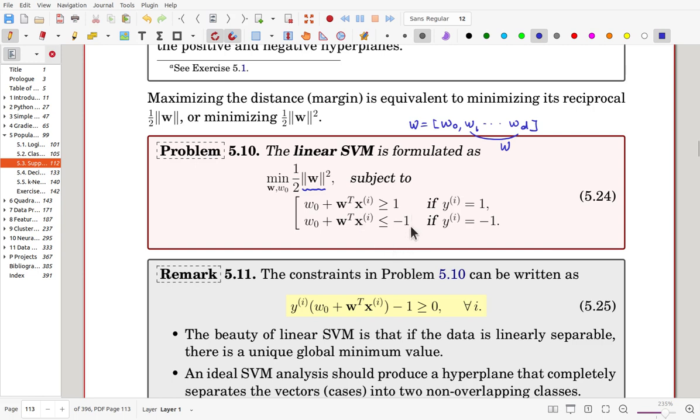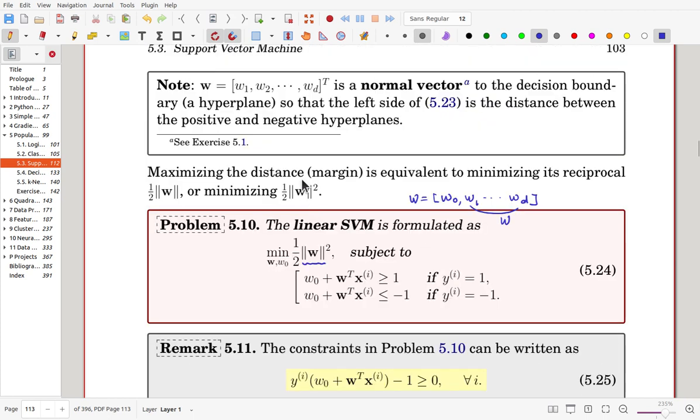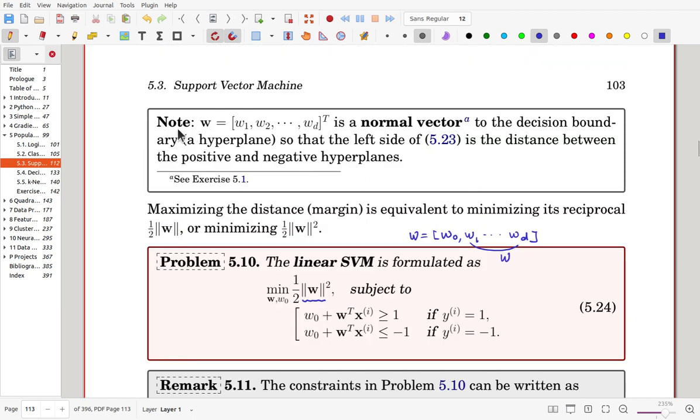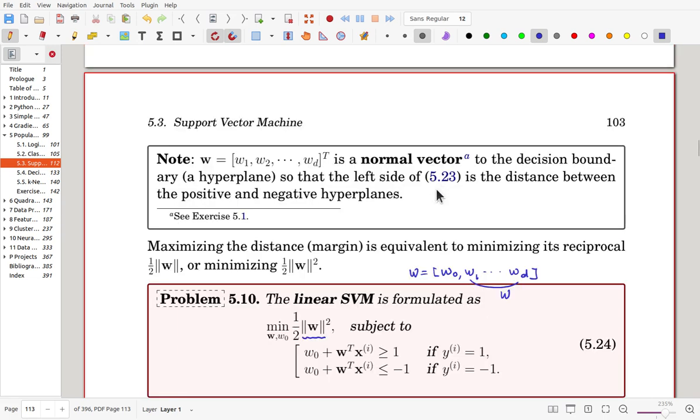So we have to solve that problem. Here W is a normal vector to the decision boundary. You have to solve that portion in exercise 5.1. Now I'll give you a little bit of a hint.